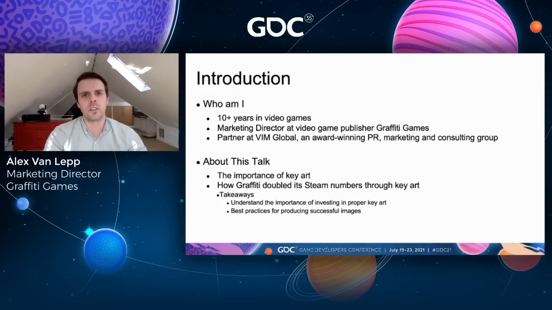I'll share examples of key art that Graffiti Games produced from the past year, what we did, the numbers and results that we got, and then also, particularly with Steam, how to make sure you're doing what you can do to have a banner that really converts people into wish lists and sales. Everything draws from my experience and then also from the data insights that I've found from the past couple of years when I had an idea to start tracking key art effectiveness.